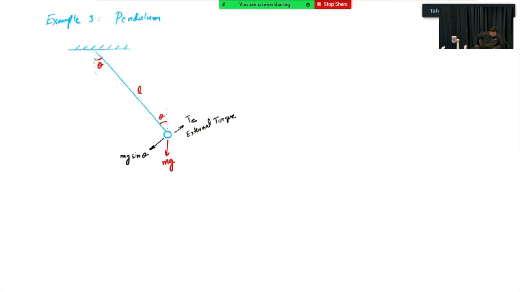Okay, now if you equate all the torques, so let's write down the total torque. It's the pendulum torque plus the external torque.